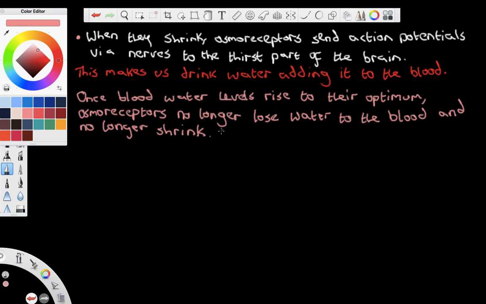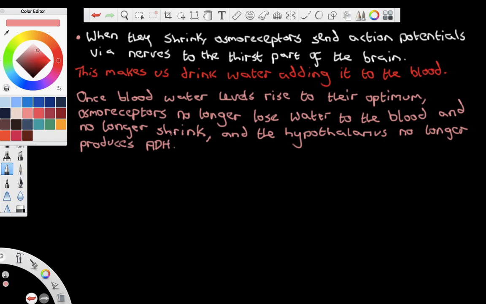Okay, so they no longer shrink, and the hypothalamus no longer produces ADH.